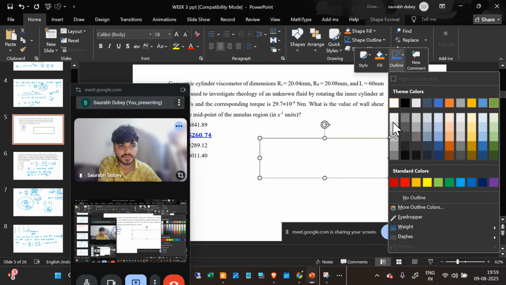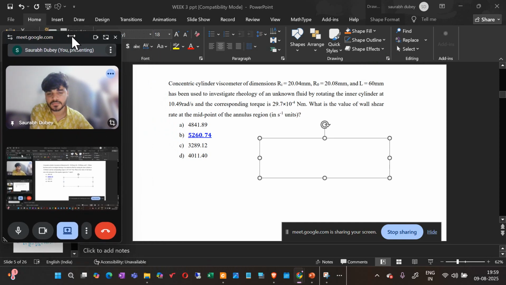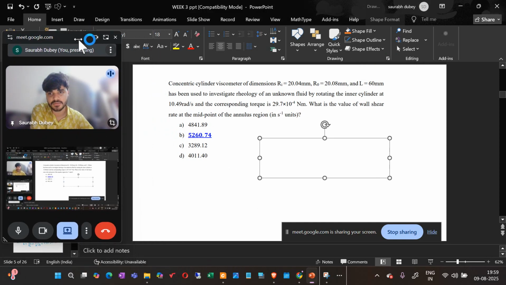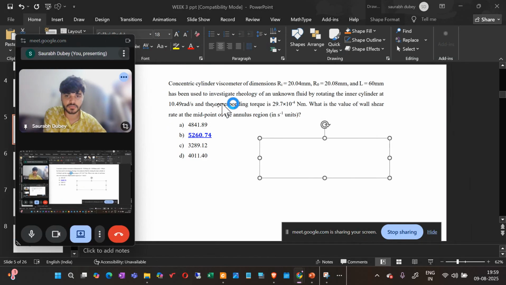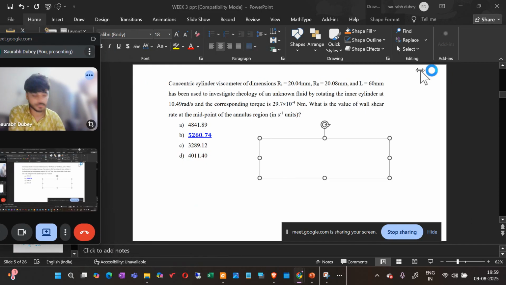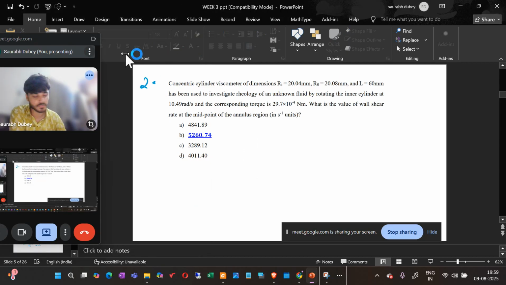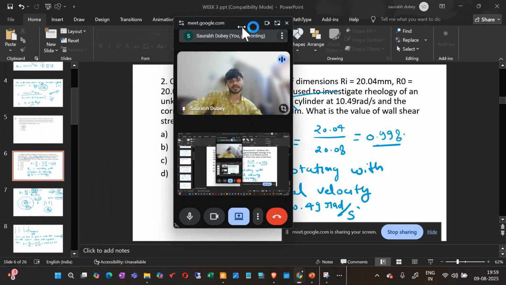Okay, so no issues. So this was the question that we were solving, and you can just remove this question. This is wrong. Second question is this one. This is question number 2, and the other one, you just missed it. It is similar. We have already solved, right?